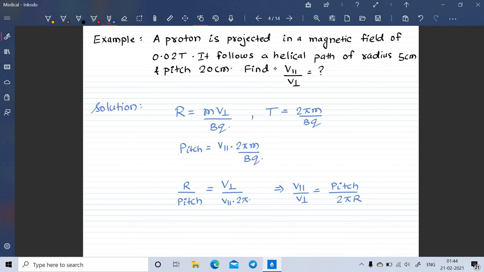Correct? So can I say v parallel by v perpendicular will be this, this is the required answer. Right? This is the required answer.